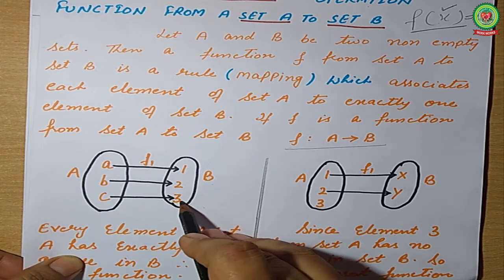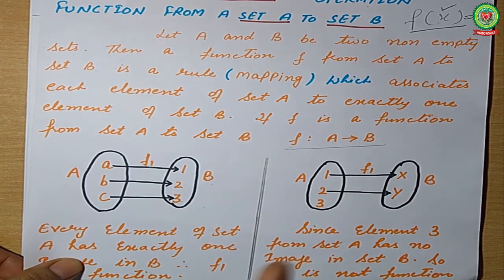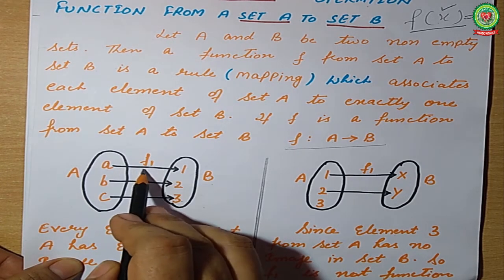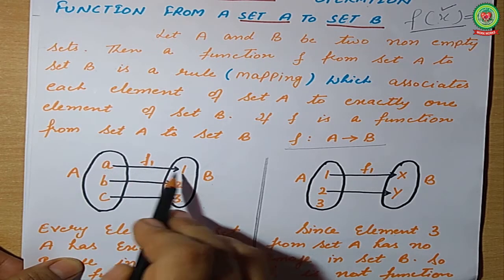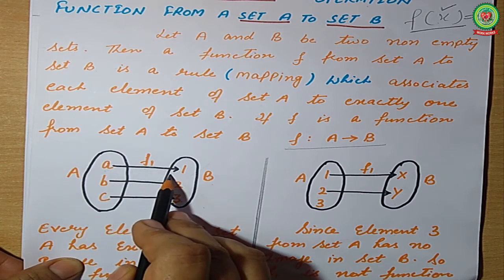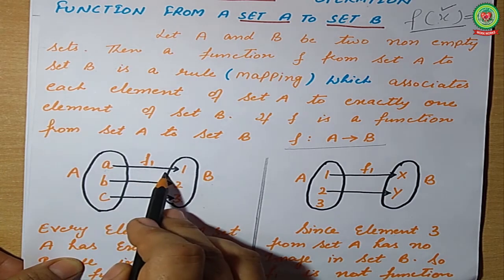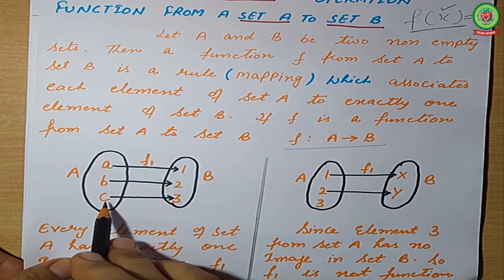Now, when we are doing the mapping according to some rule, f1 is the function there. When we put the value of a, it has some relation with 1, according to the rule. a to 1, b to 2, c to 3.